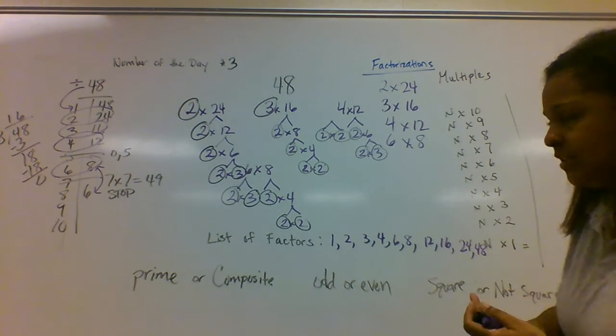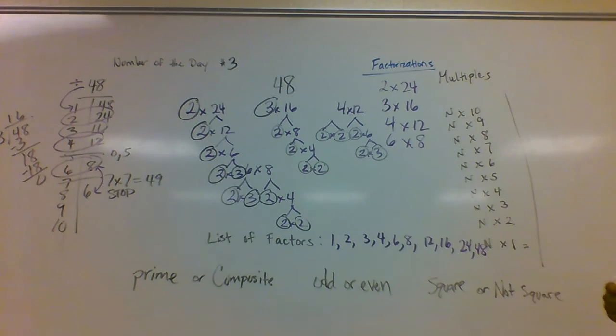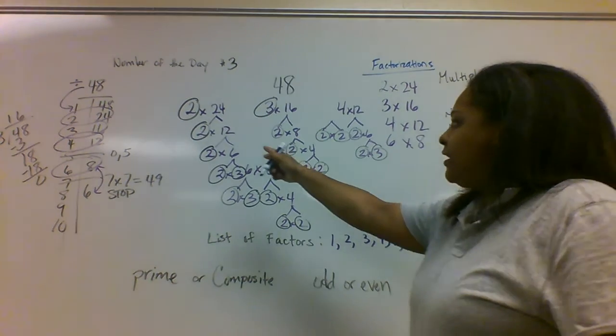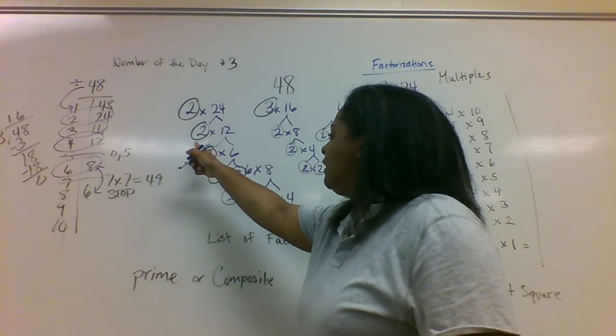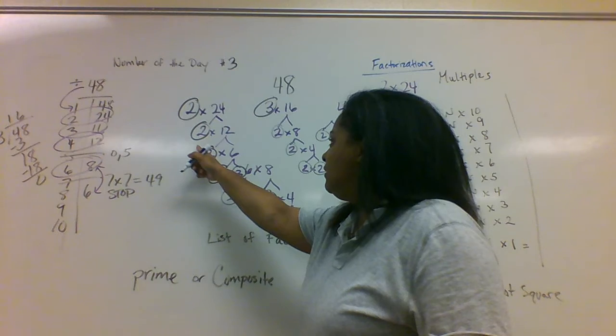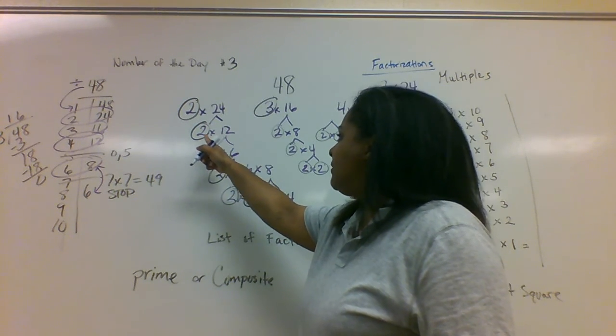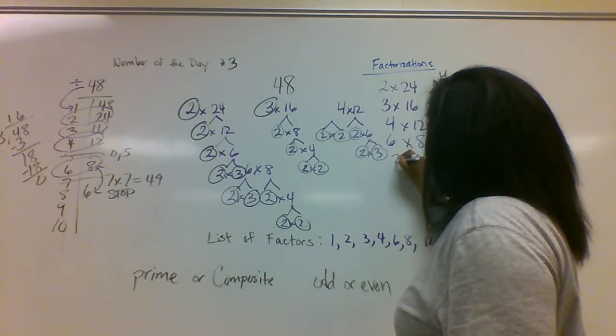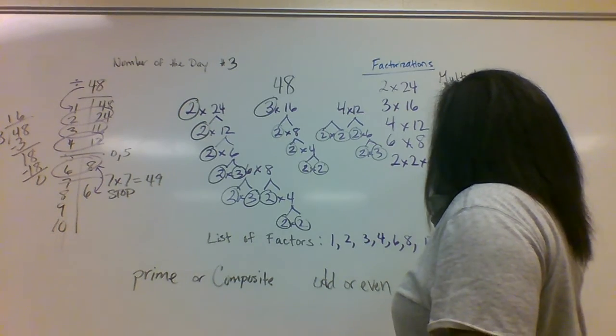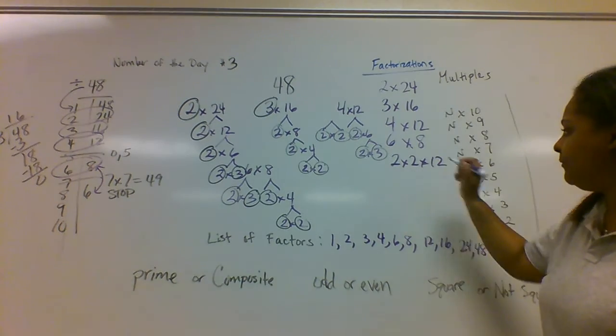So here go some other factorizations or factor strings. You can call them factor strings or factorizations. So another one will be 2 times 2 times 12. That should equal 48.